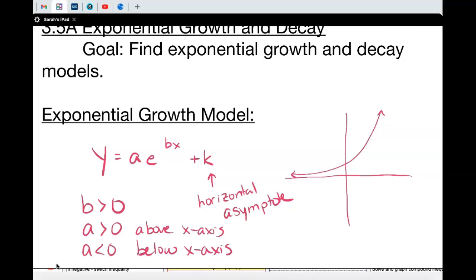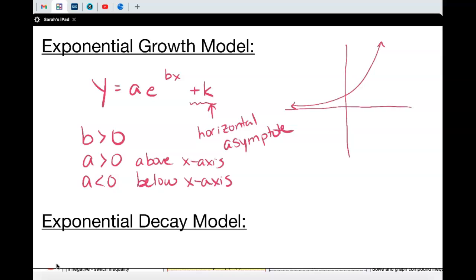Yeah. So sometimes this k value you don't necessarily need. So depending on what the problem is representing, should the horizontal asymptote be on the x-axis or should it be up or down a little bit? Yeah. So you have to make that judgment call basically, if you need it.